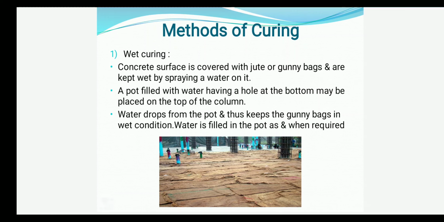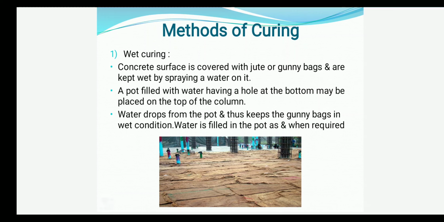As we are seeing in this image, the concrete surface is covered with jute or gunny bags, and these gunny bags are kept wet by spraying water on them. Such type of curing is known as wet curing.